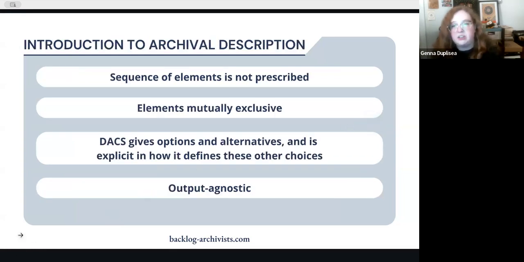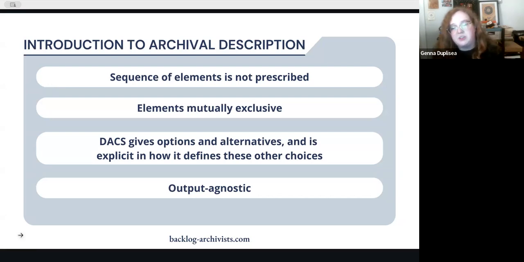So in the introduction to archival description at the beginning of the document, there are a couple of key things to note. The sequence of elements is not prescribed. You do not have to do them in any particular order. The elements are all mutually exclusive, so information about a collection can really only go in one place. So you don't have to debate where this should go in this section or that section.